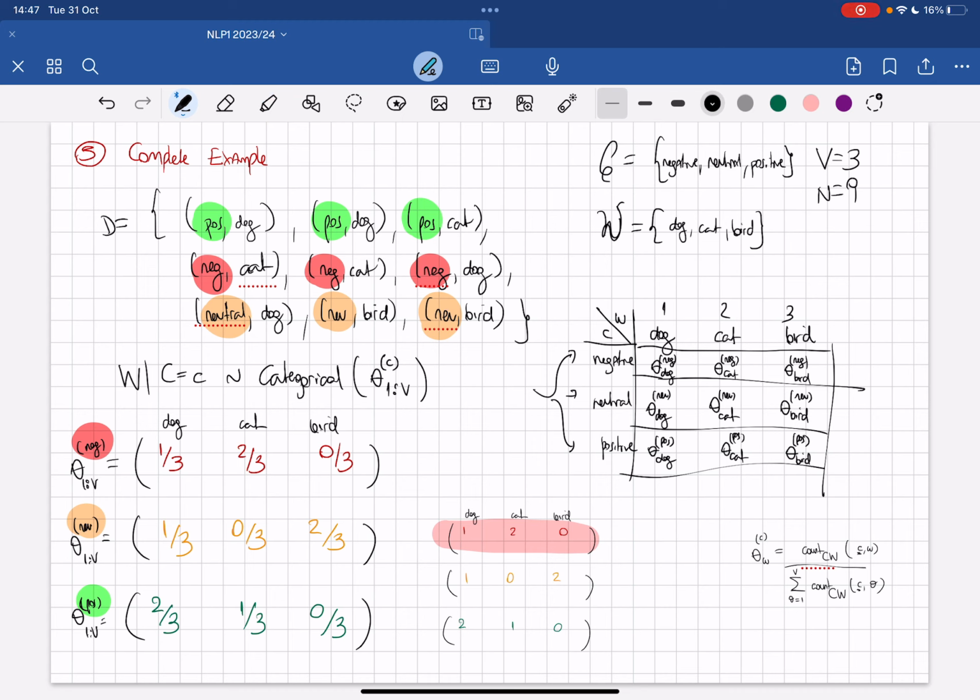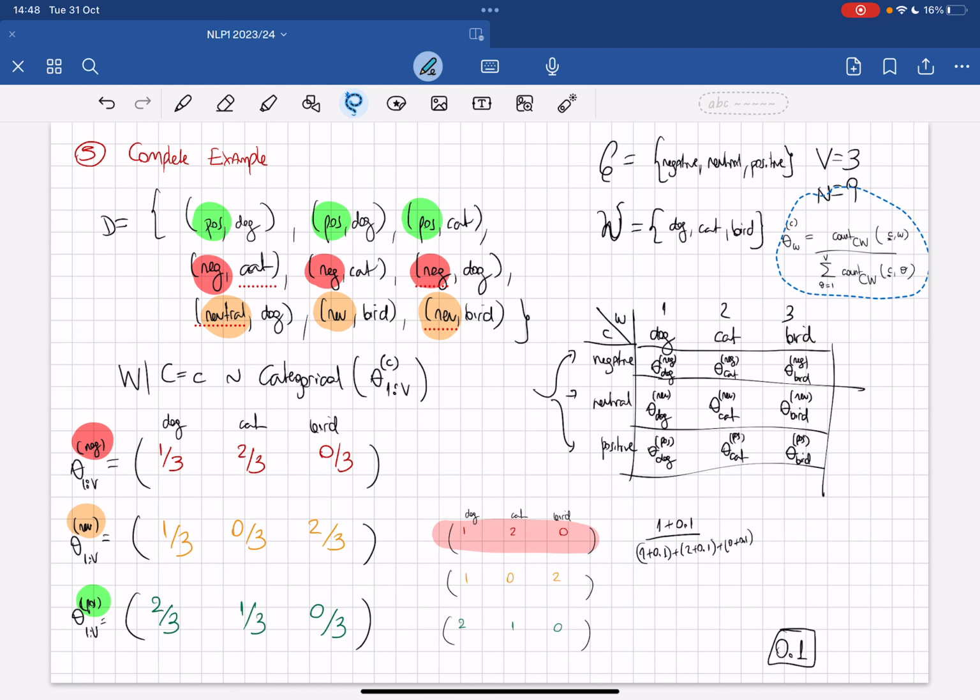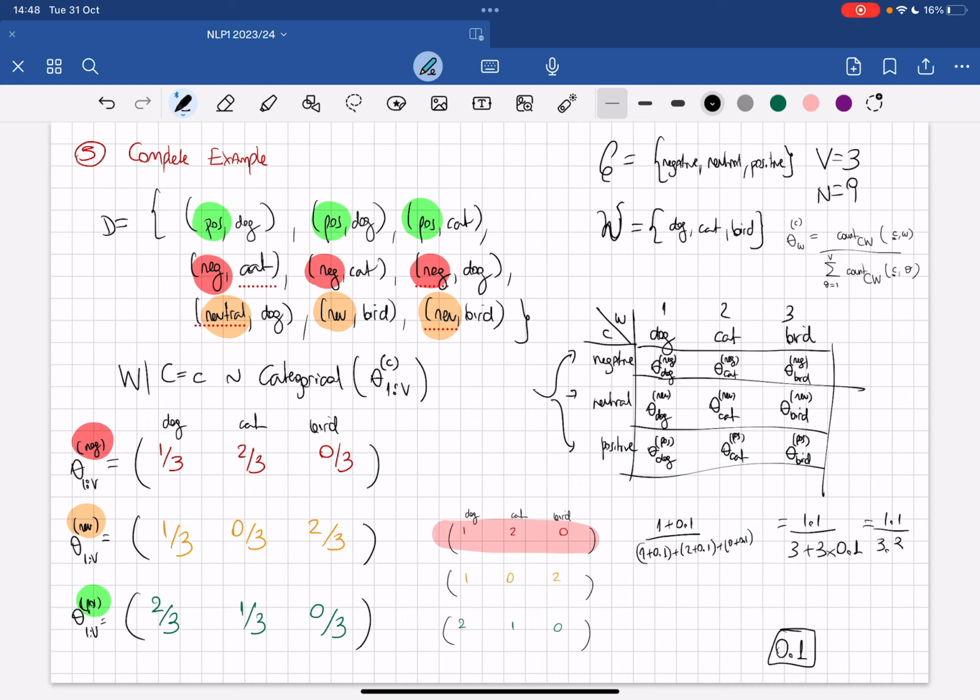and maybe I'm smoothing by adding 0.1 count to every single event. Then if I ever need the probability of dog, I would know that it's 1 plus 0.1 divided by 1 plus 0.1 plus 2 plus 0.1 plus 0 plus 0.1, which is essentially 1.1 divided by 3 plus 3 times 0.1, or 1.1 divided by 3.3, right?